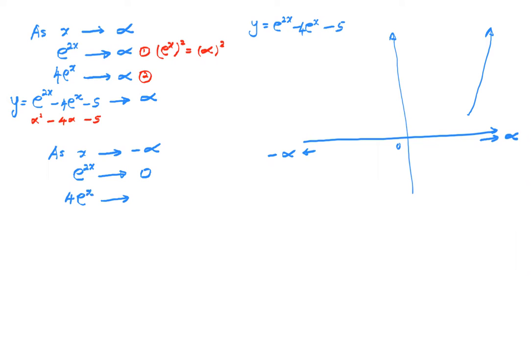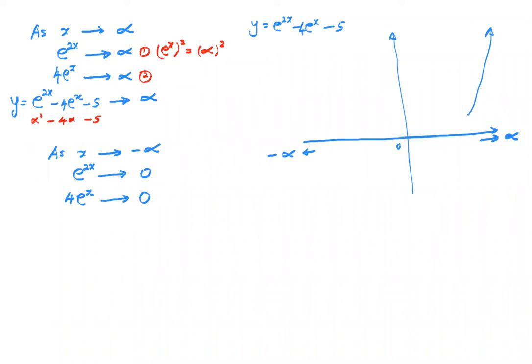But it's greater than 0, correct? So now, which value is bigger, 4e to the power of x or e to the power of 2x? Definitely it is 4e to the power of x, correct?